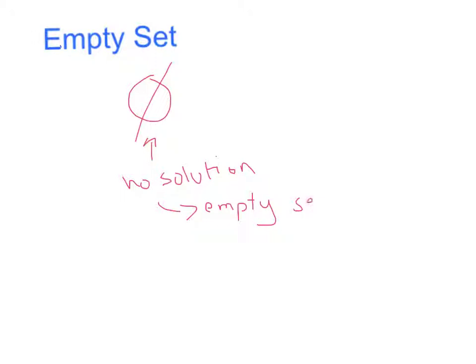There are no solutions. There is no set of answers. What we'll also sometimes do is use the brackets with nothing in it, which once again means empty set. Probably don't use that as much.